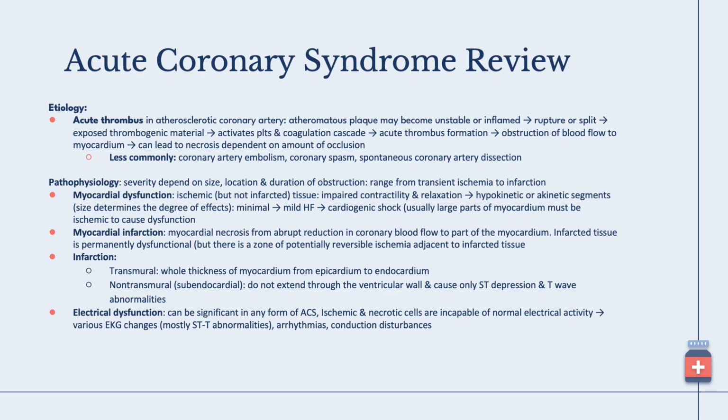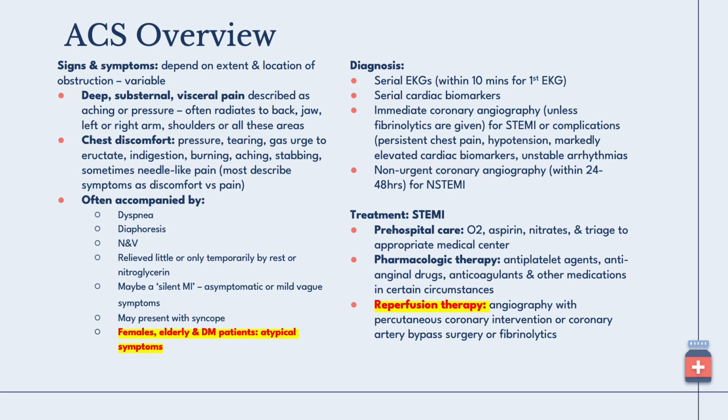Mostly it's going to be the T abnormalities, arrhythmias, or conduction disturbances. Acute coronary syndrome signs and symptoms may vary depending on the extent and location of the obstruction, but think about visceral pain, typical chest pain and radiation of pain. Often it's going to be accompanied by shortness of breath or diaphoresis, nausea, and vomiting.